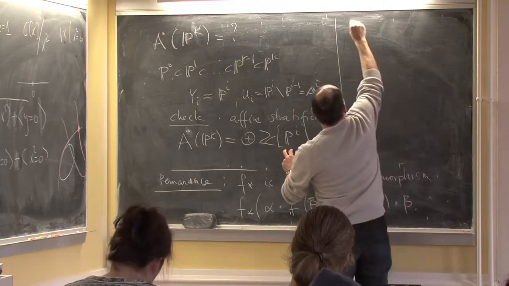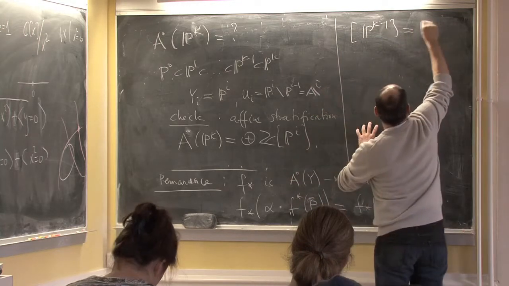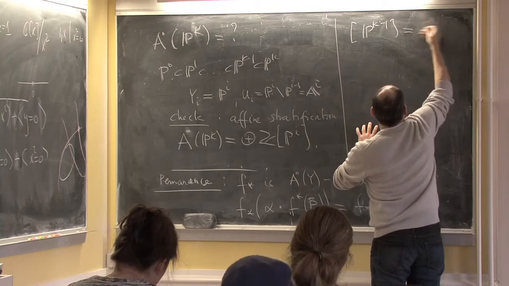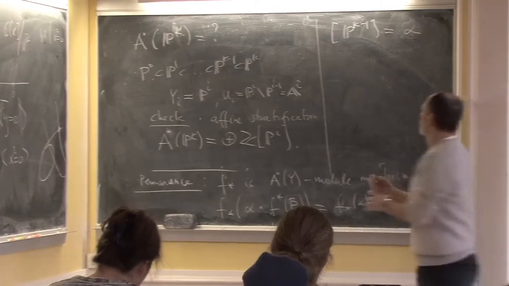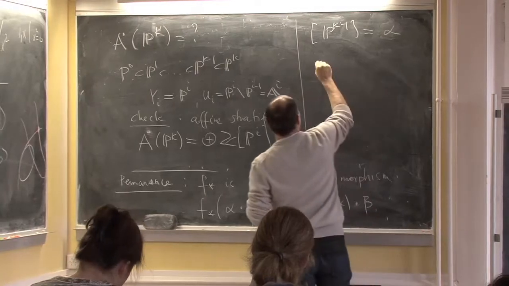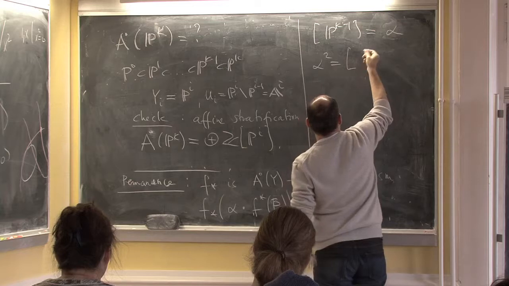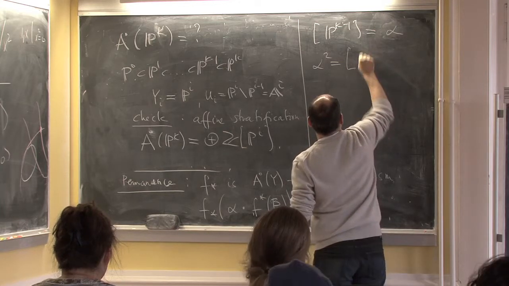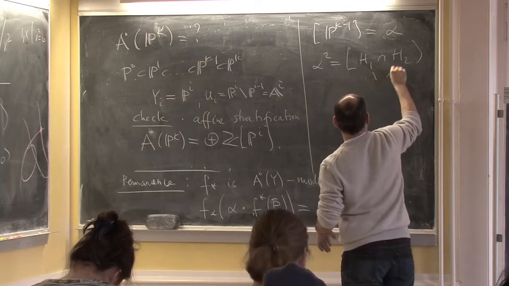So let's call the class of the hyperplane P^(k-1) by, say, alpha. Obviously, alpha squared is equal to, you just take two hyperplanes, H1, H2.